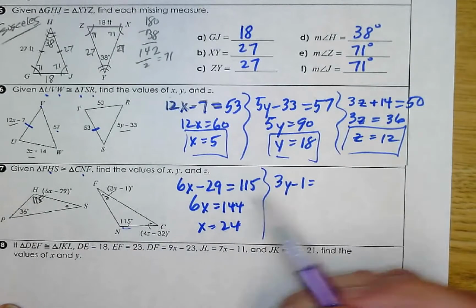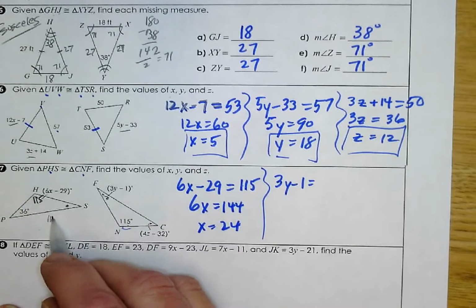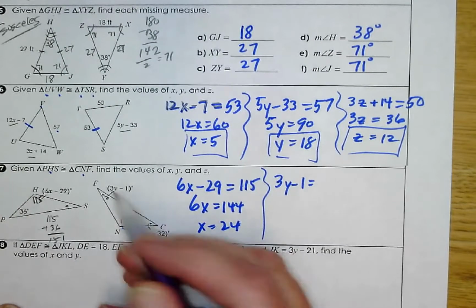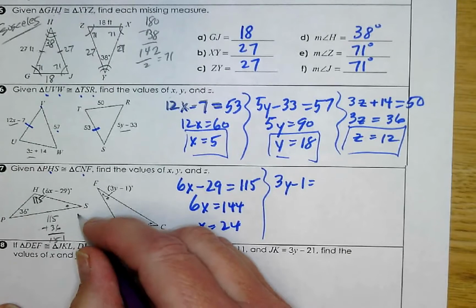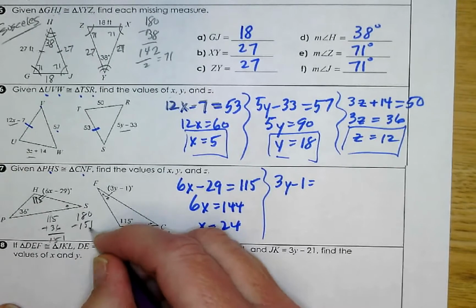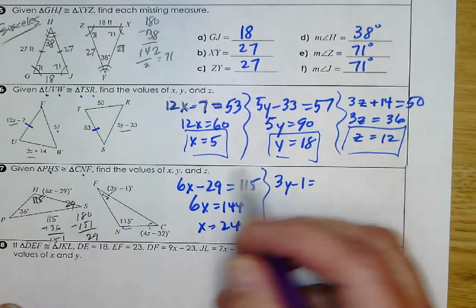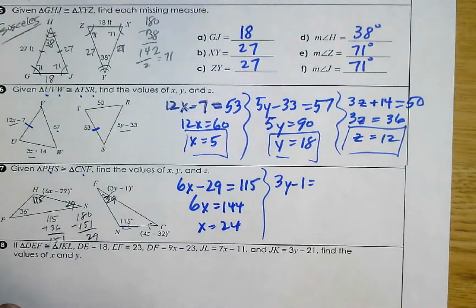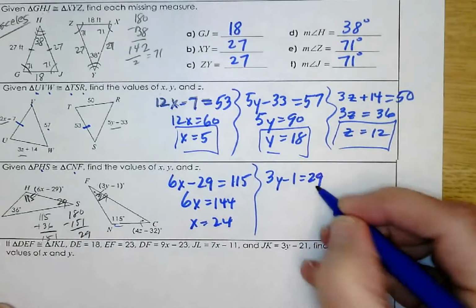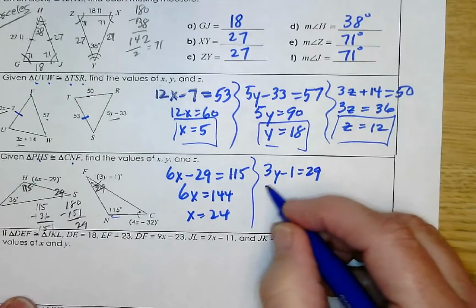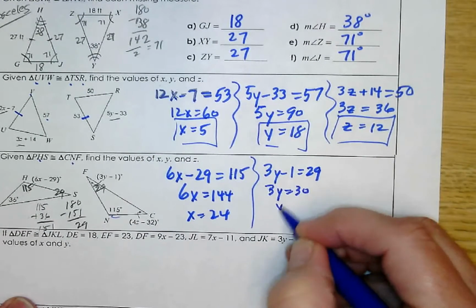Okay, so 115 plus 36 is 151, so 180 minus 151 is 29. So angle S is 29, so angle F has to equal 29. This is all triangle sum. So 3y equals 30, y equals 10.